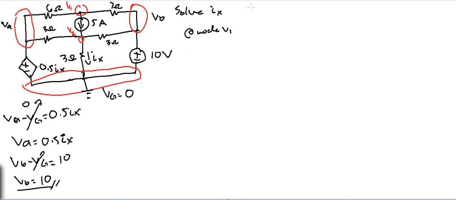Alam natin that yung I natin is always from V higher minus V lower over yung resistance niya. Ngayon, applying yung I in tsaka I out, if I name everything na lahat palabas dito sa node na to.